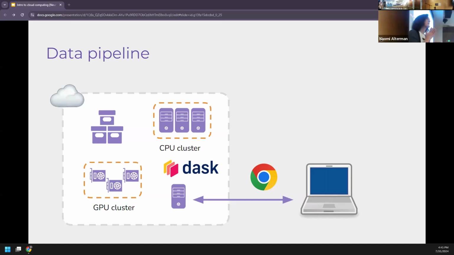Oftentimes when we talk about paying for cloud, we talk about it in terms of cloud credits, which are very close to real money, but also sort of not real money. If you have $200 in credits on Azure, which you can get, I think, just by signing up for Azure with a .edu email address, that's not actual money, but you can use it to do things that would have cost you 200 real dollars anyway.